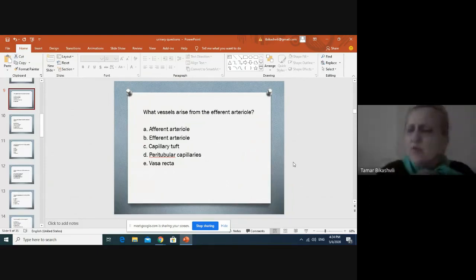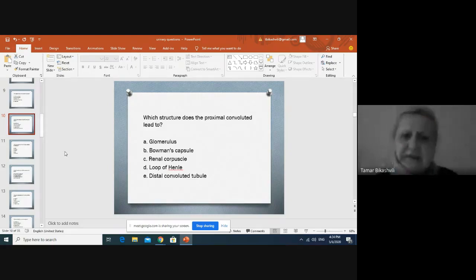Vasa recta is formed from arterioles of juxtamedullary nephrons, which are located near the medulla, but usually peritubular capillaries.